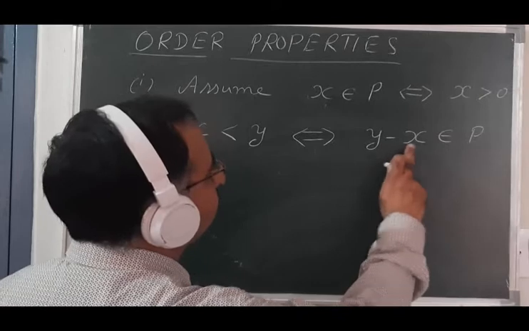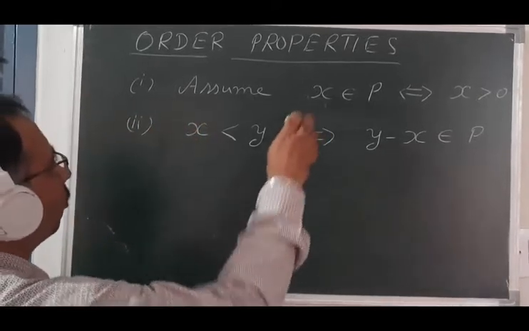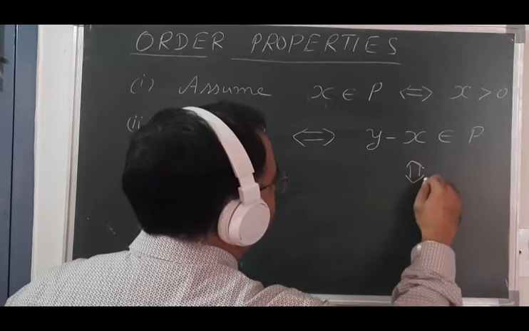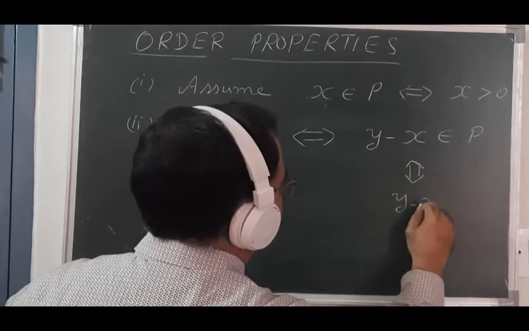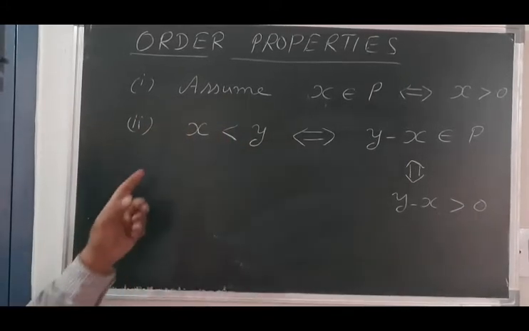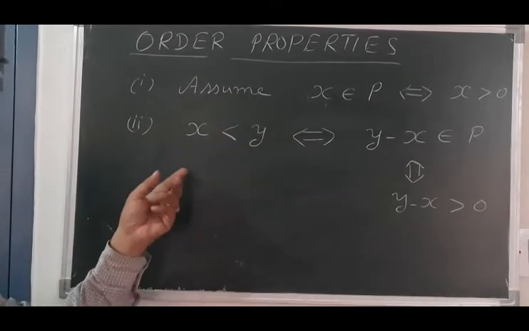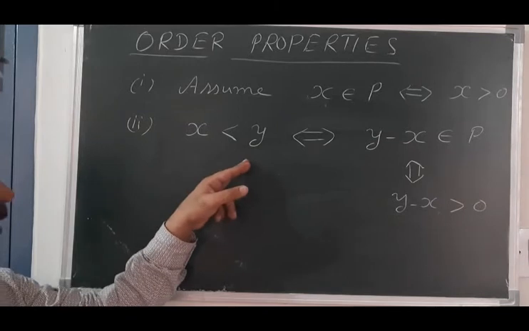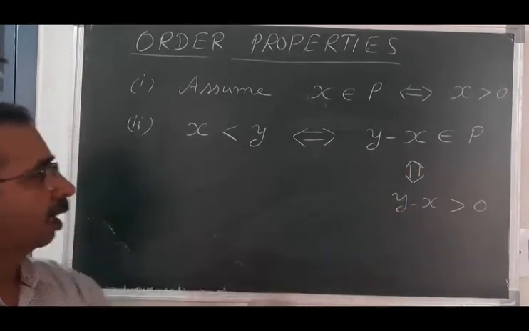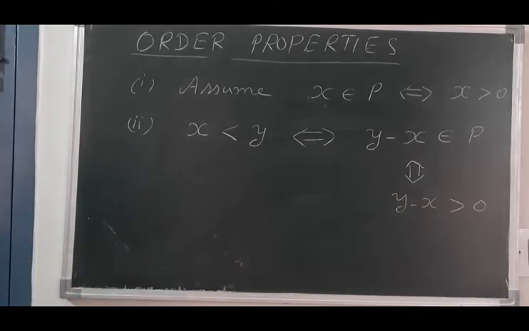But y minus x belongs to P. From first axiom, this would mean that y minus x is greater than 0. So these three things will be assumed equal: x less than y, y minus x belongs to P, y minus x greater than 0. All these three things are equivalent.